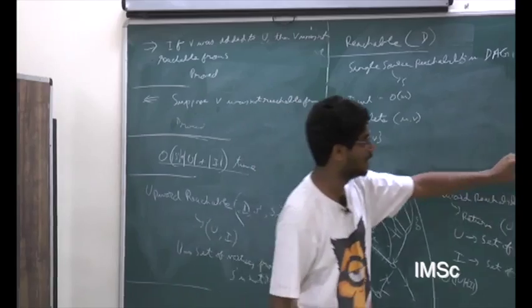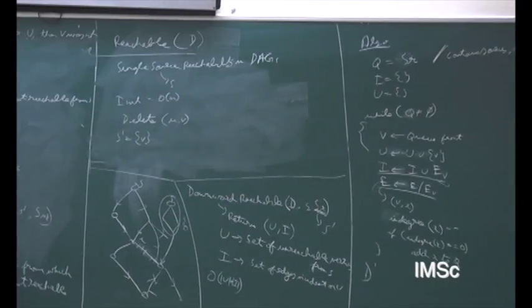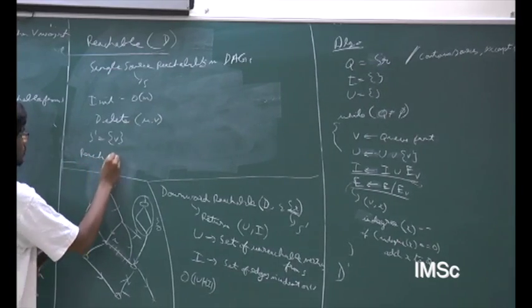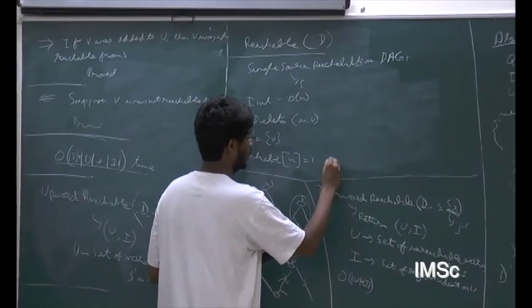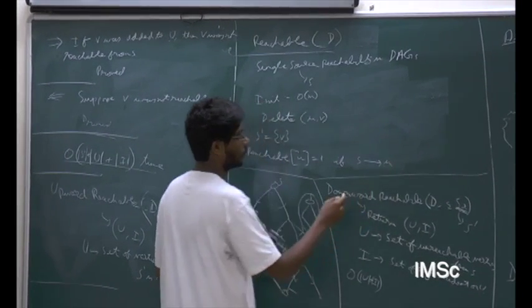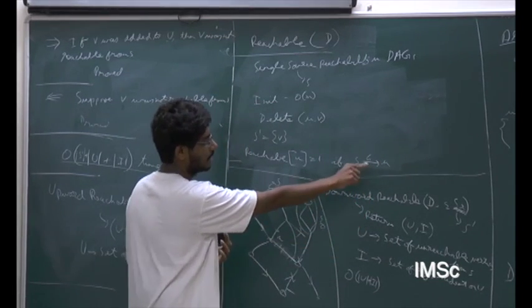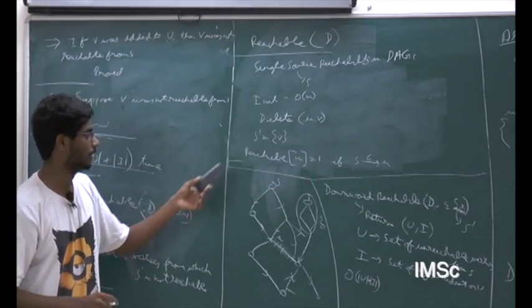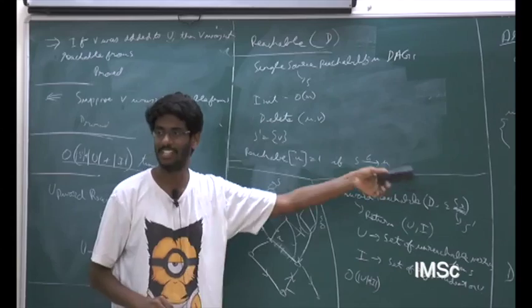Whenever I delete this, I delete the vertex and add it to my unreachable set, or I have a reachability array. Reachable of u is 1 if there is a path from S to u in G. Each time I delete a vertex, I just set this to 0.